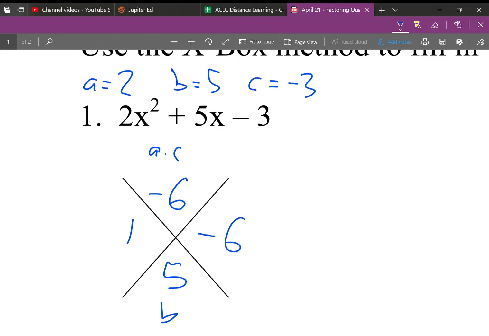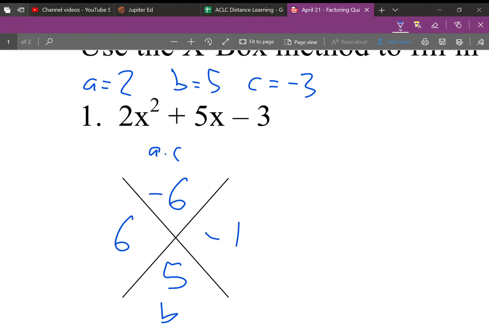Now 1 times negative 6 does multiply to make negative 6 on the top, so it would work for the top. If I added, though, 1 plus negative 6 would be negative 5. So I got the right number but the wrong sign. So let's try switching the signs. Why don't we try, instead of 1 and negative 6, 6 and negative 1.